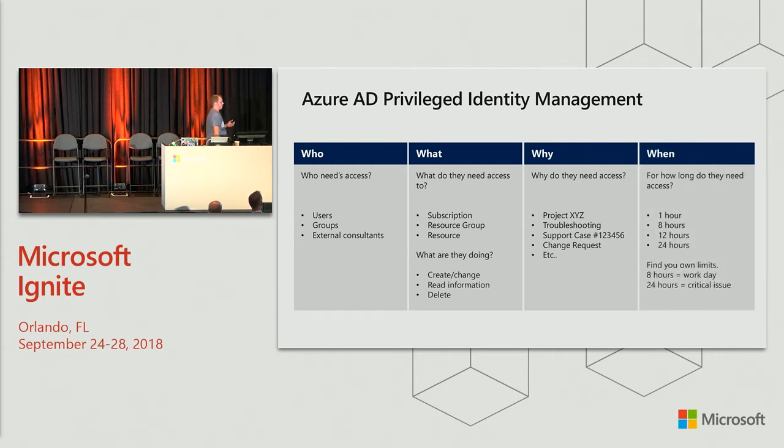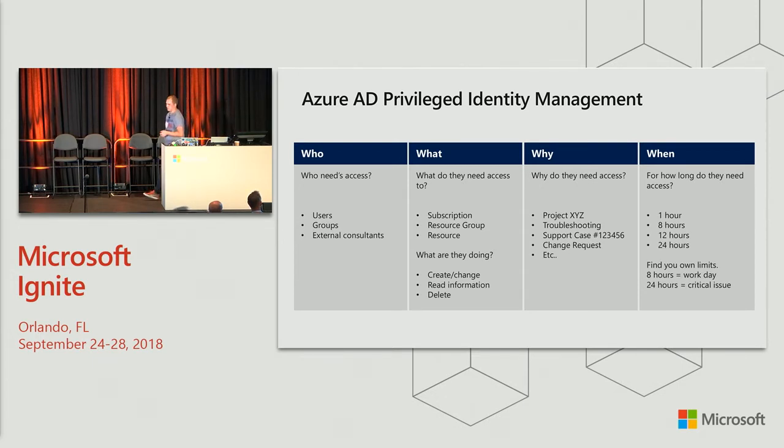And then we can define for how long this access should apply to them. So we can build roles here where we can allow people to access some resources, but only for 8 hours, or maybe 24 hours. You need to find your own limits here. I tend to use 8 hours as one of the roles, because then we can work through a full day and still have our access revoked when the day is over.